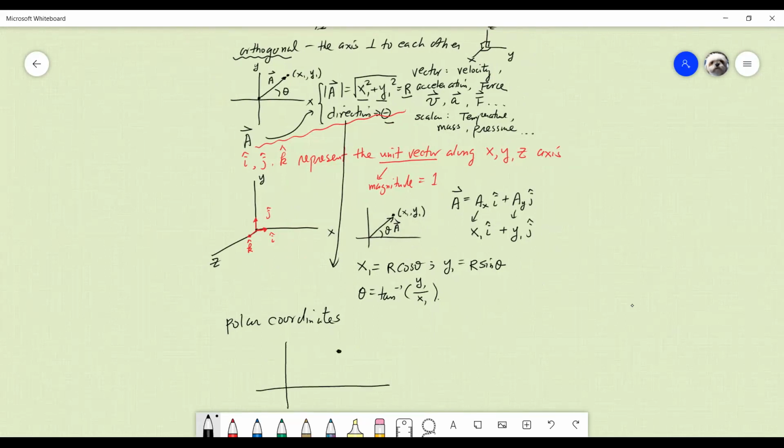This point here will be represented by x and y, but you can also represent it by r and theta. So what is r? R will be the length from the origin to the point, and theta will be the angle measured from the x-axis to the length, right? Are you with me? Yes.